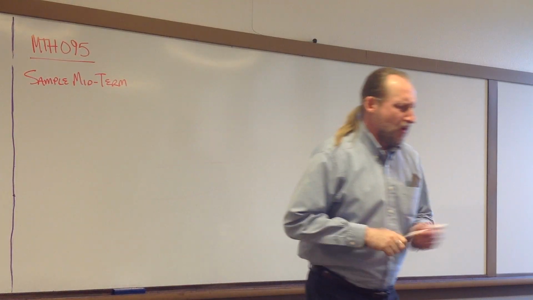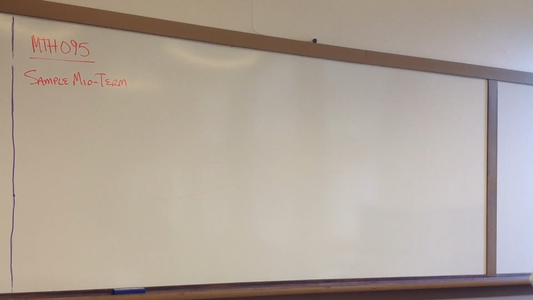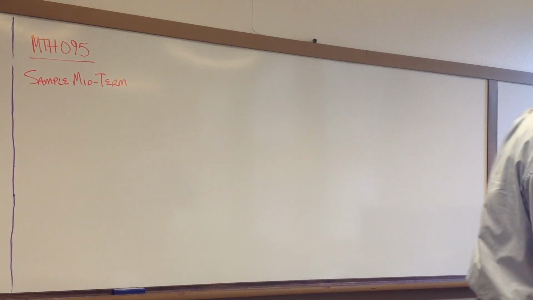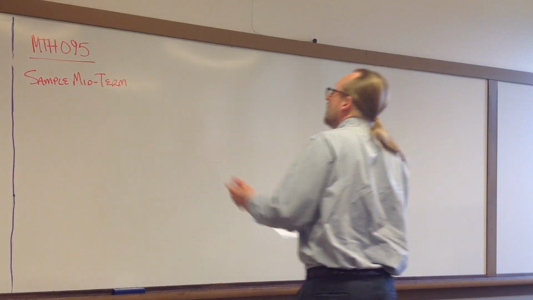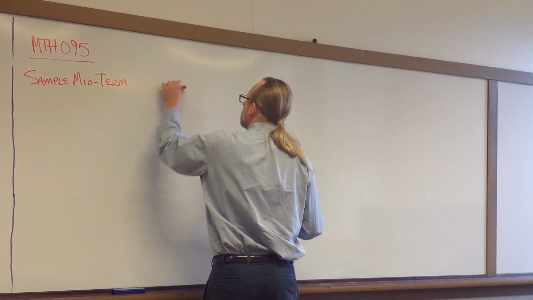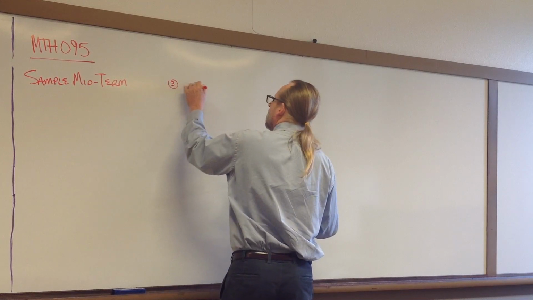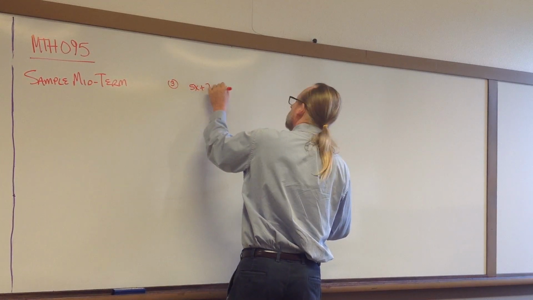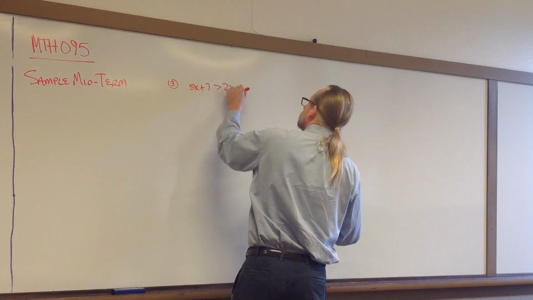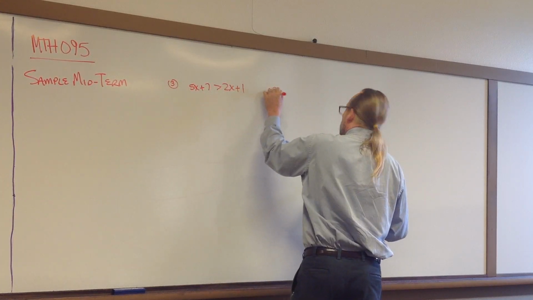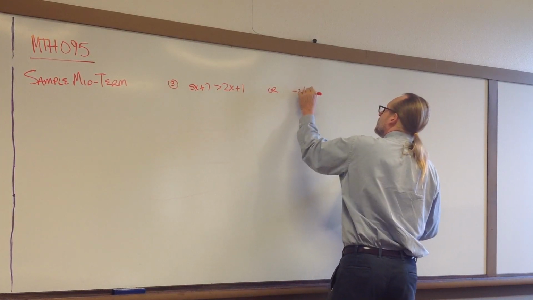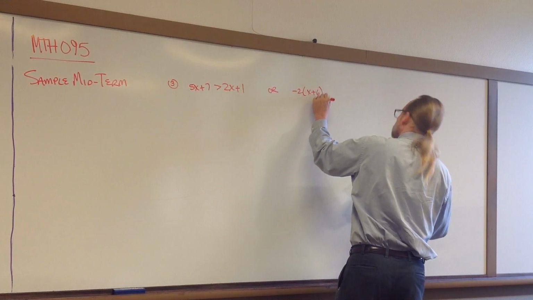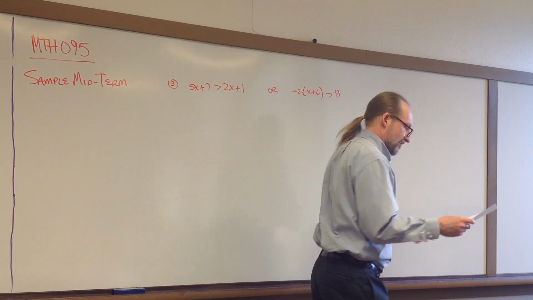Let's see here. Problem 3 is an OR problem, so let's see what we got. 5x plus 7 greater than 2x plus 1, or negative 2 times (x plus 6) greater than 8.